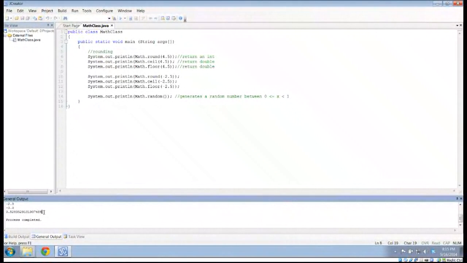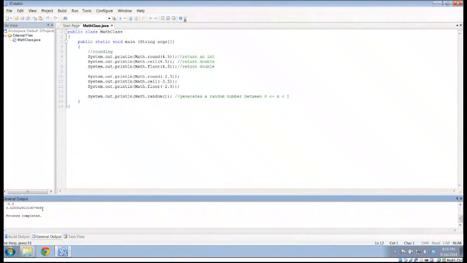I can get any possible number between 0 and 1. And so this is a very useful term when I want to come up with some type of random value. And we'll talk about the use of random numbers later on in this course.